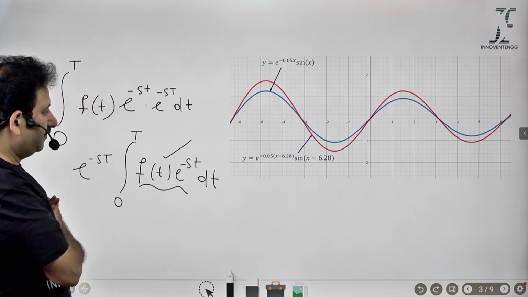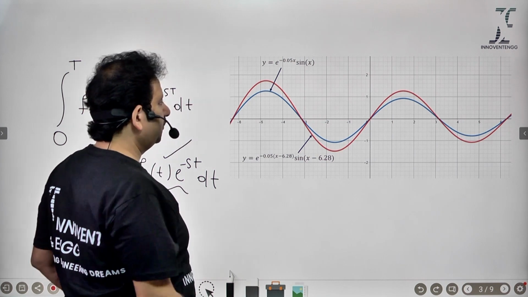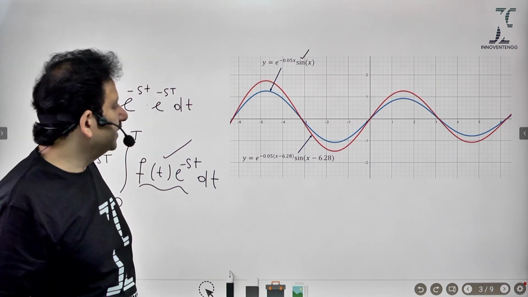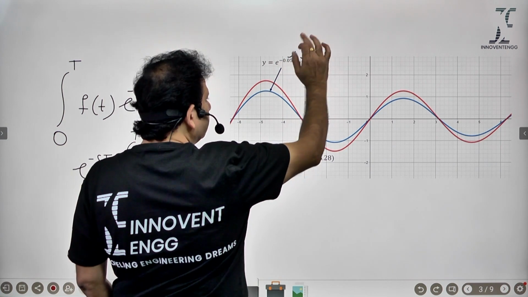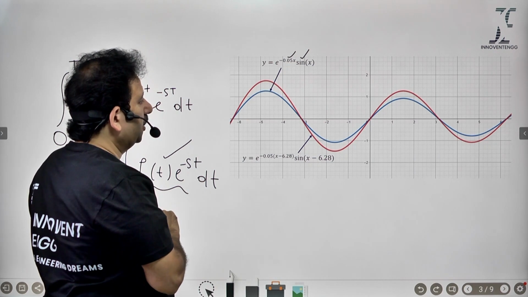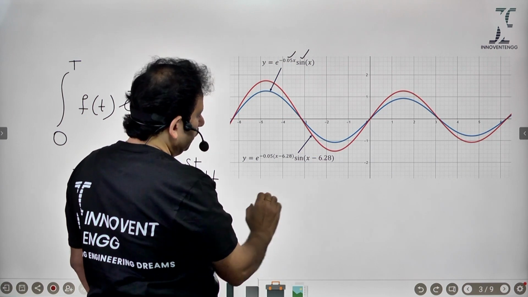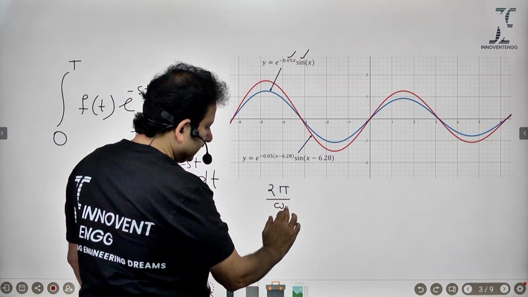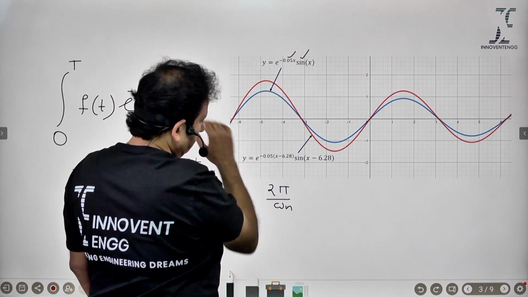Now here, in order to help you visualize what is going on, I have considered a very, very basic function, with very, very low damping, because I want the period of this wave to be almost 2 pi, right? The reason being, when you introduce damping, your period would be, instead of 2 pi by omega, where omega is the natural frequency, that is the coefficient of sine, assuming there is no exponential term.